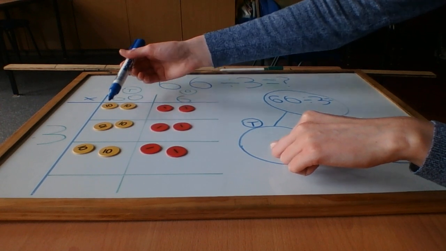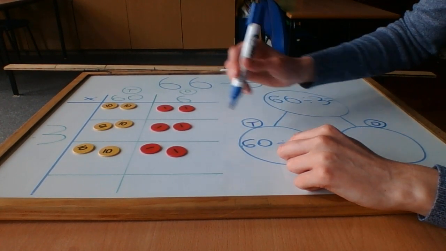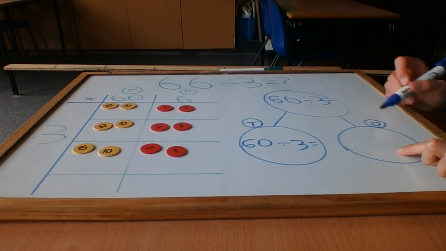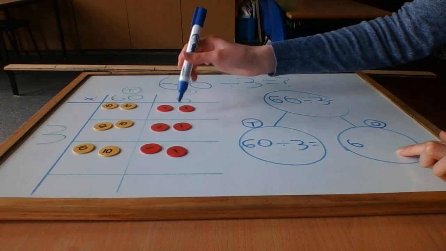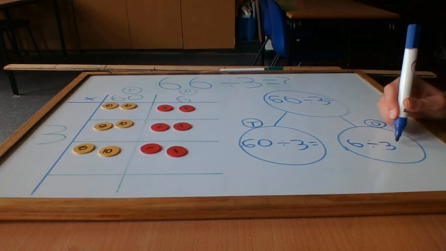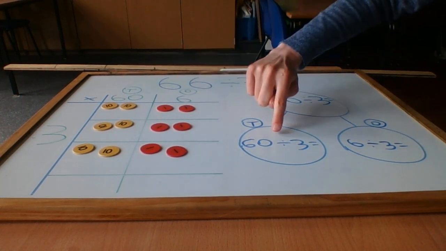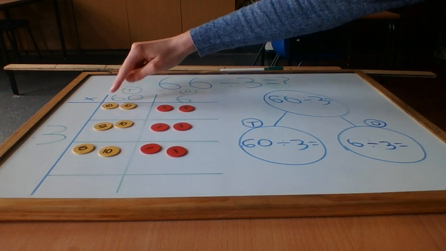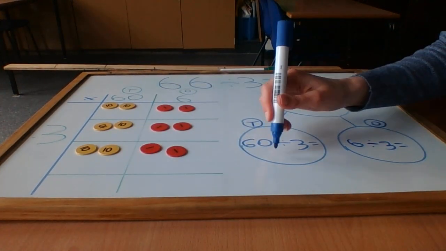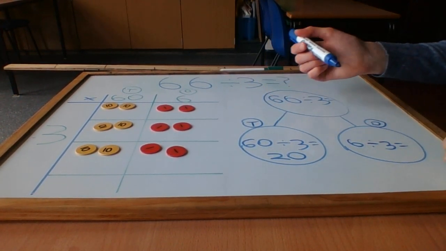So here we're doing our 60, our 6 tens divided into the 3 groups. And over here we're doing our 6 ones divided into the 3 groups. So now I'm going to have a look over here. 60, 6 tens, divided by 3 was 2 tens in each group, which is 20. 60 divided by 3 is 20.